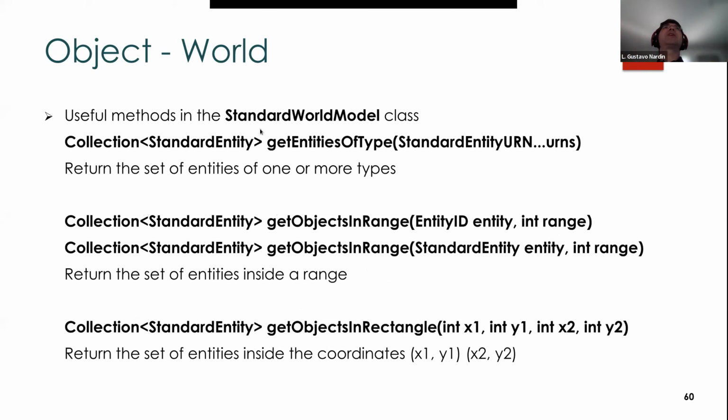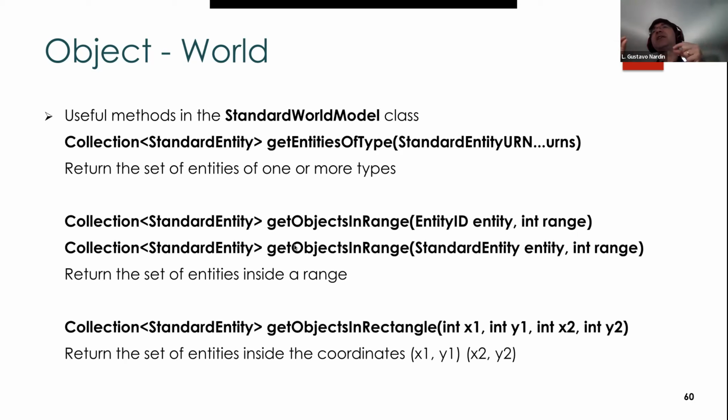In addition to the distance, the world also provides the getEntitiesOfType method. It provides all the entities of a specific type to whoever is calling this method. It also provides a list of objects or entities that are in a specified range.